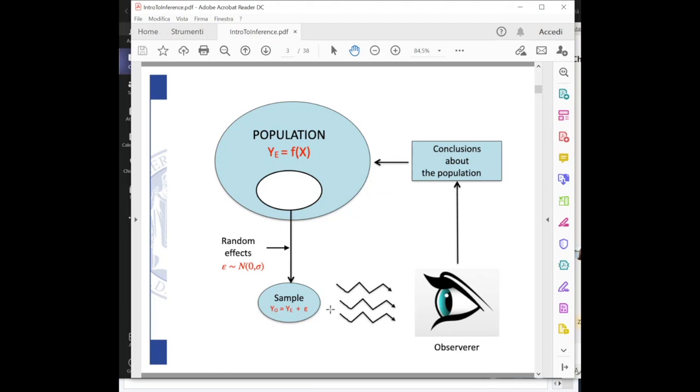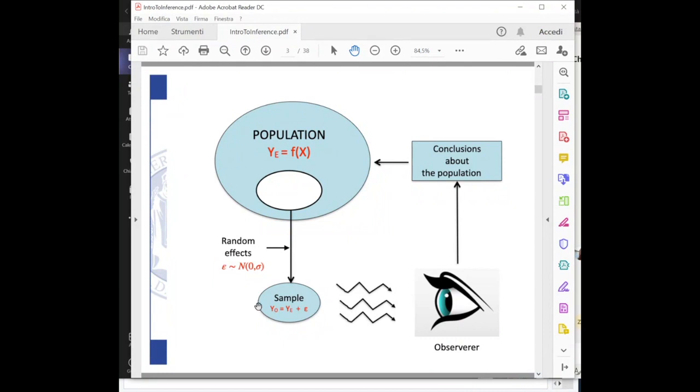I can make different assumptions, of course, but we stick to this assumption because it is the most common one, at least at the beginning. Then we can make different assumptions, but we will not consider these situations here. So we make a Gaussian assumption relating to this random component here.